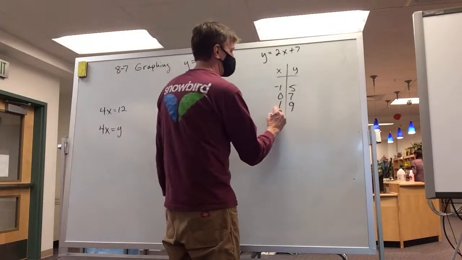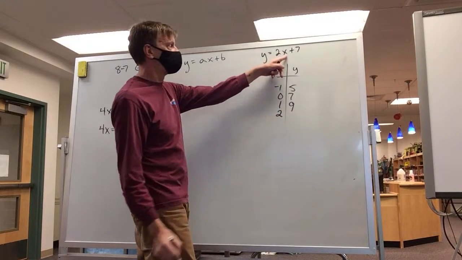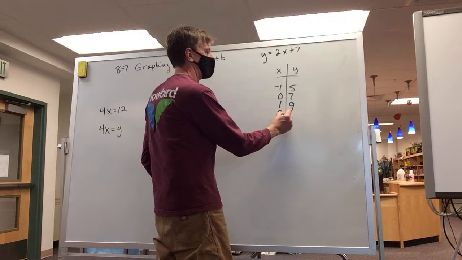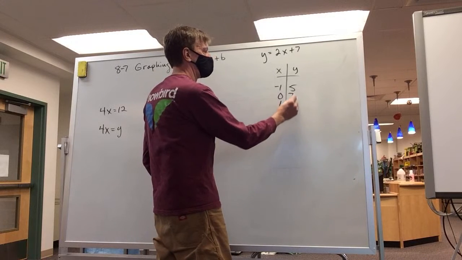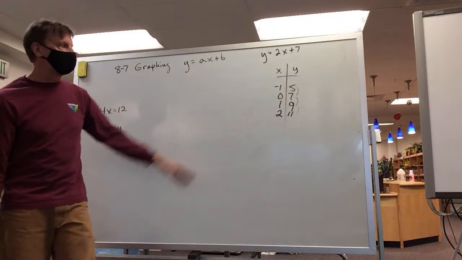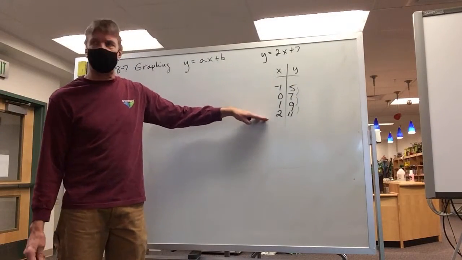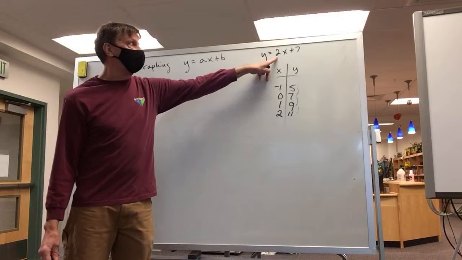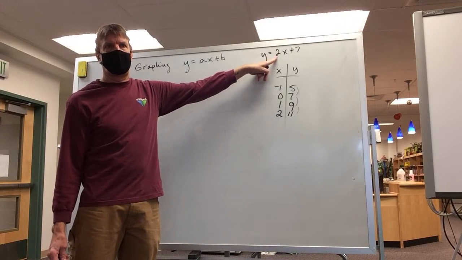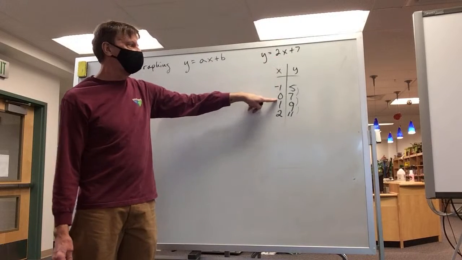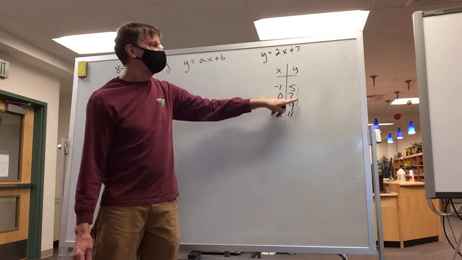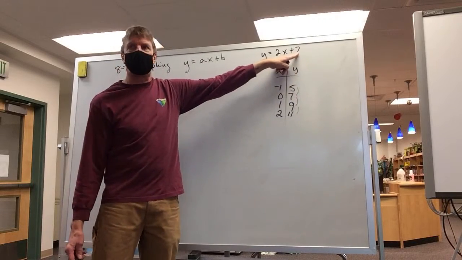And if x was equal to 2, 2 times 2 plus 7 is 11. You see how these are always changing by 2, as long as x changes by 1? That's what that number tells us. You notice that when x is 0, that's what that number tells us.